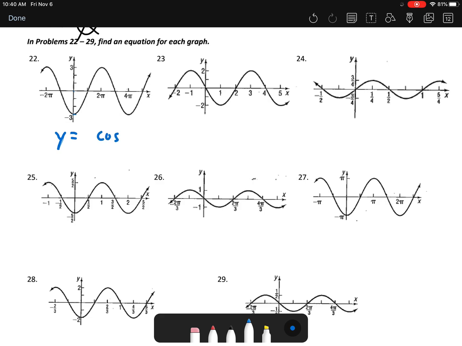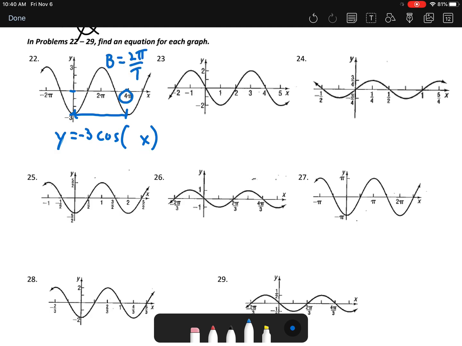Now we got to ask ourselves, okay, what's the amplitude? Well, the amplitude looks like it's 3, but it starts below the x-axis, so it's -3 cosine something. Well, it's going to be bx, whatever b is. Well, the period right here, here to here, is 4 pi.